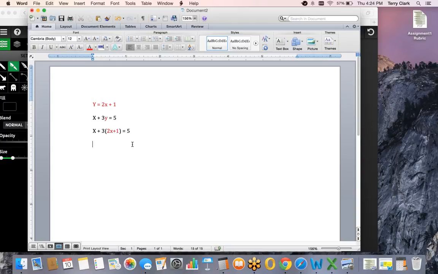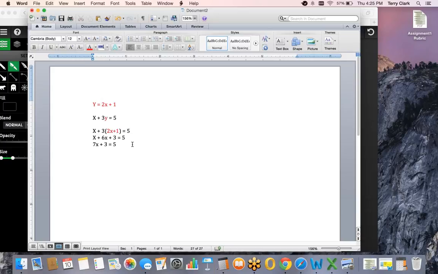At this point, this is a linear equation with one variable that we're solving for. So we're going to have x, and then we're going to distribute. 3 times 2 is 6x, and 3 times 1 is 3, equals 5. And from there, we'll add the two x's together and come up with 7x plus 3 equals 5.